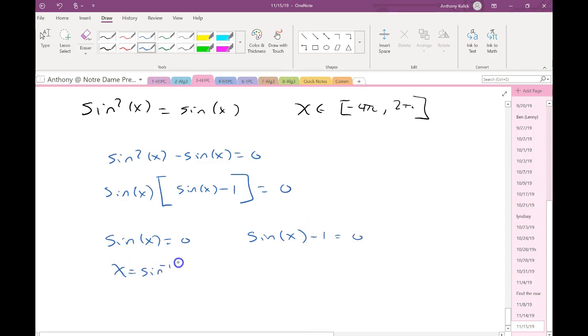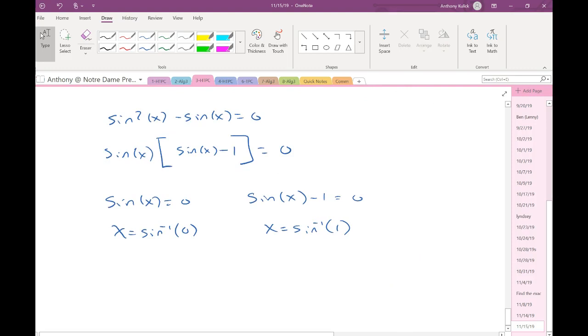So I need the places where sine of x is 0, and the places where sine of x is 1. Okay, so I'll go to my unit circle. This happens at 0 and pi. This happens at pi over 2.